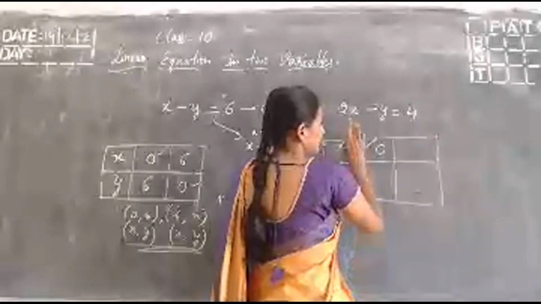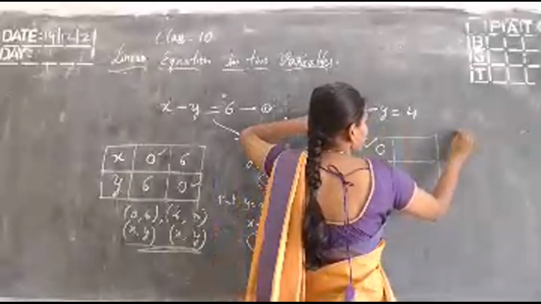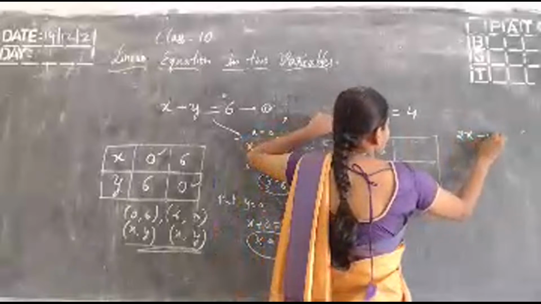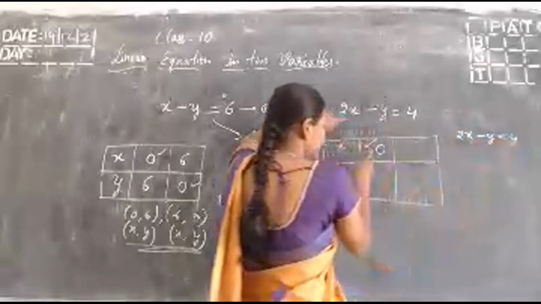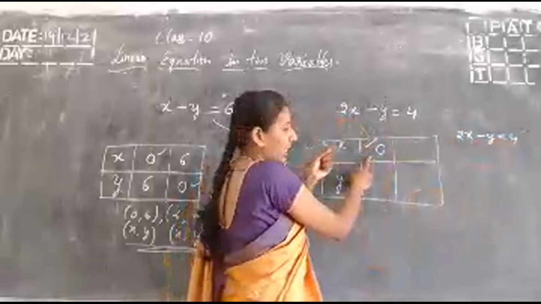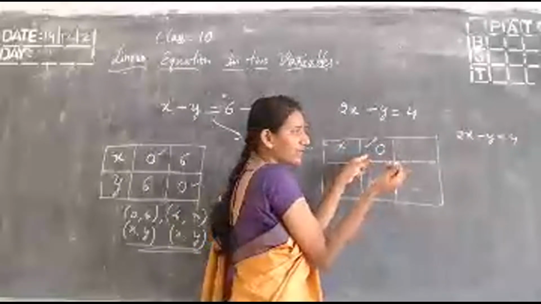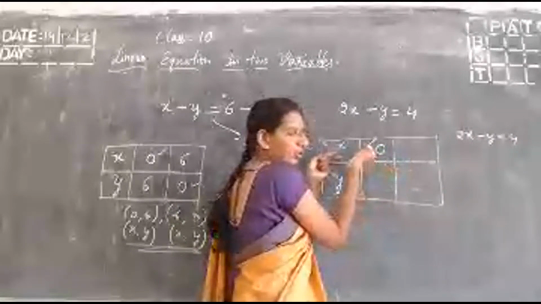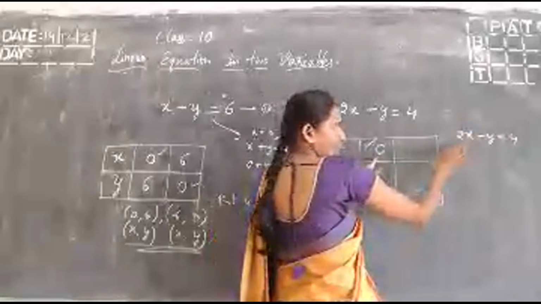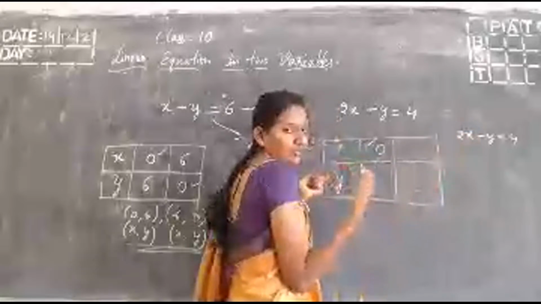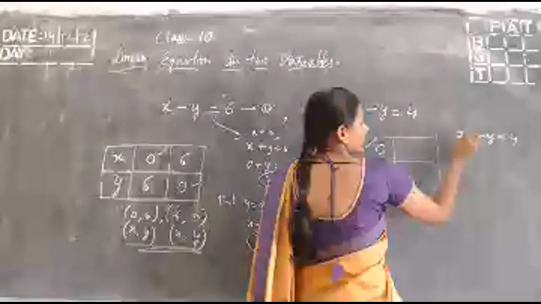First put x is equal to 0. What happens to the equation 2x minus y is equal to 4? Initially, you can take 0 or 1, your wish. Now I am taking 0 because it is easy. Put x is equal to 0.